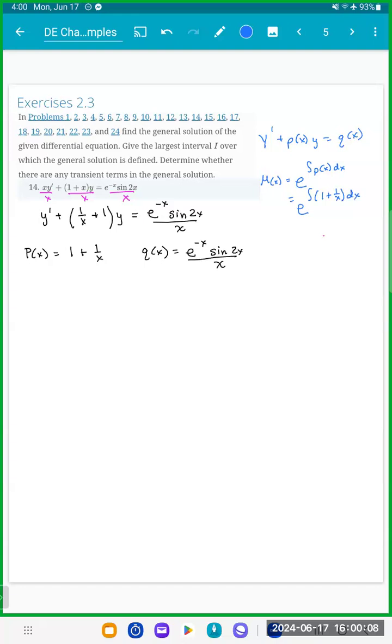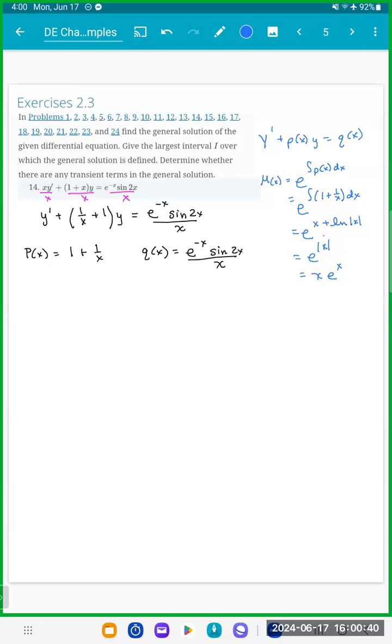We're just substituting in what we have for our p of x. When we simplify that, we get e to the x plus ln of x. And that's going to simplify just to e raised to the absolute value of x, which is equal to x e to the x.